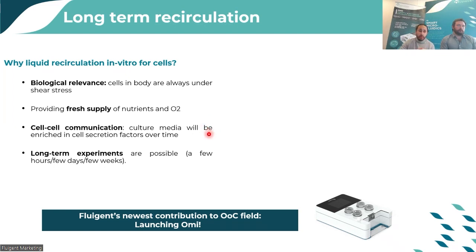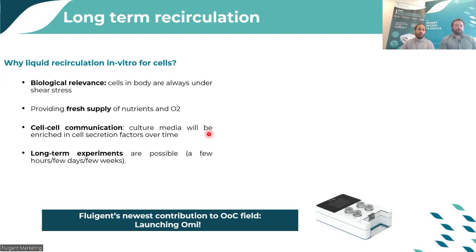Also, you know that when you are making a long-term culture experiment, the cells are secreting factors all the time. And these factors are part of the development of the cells. Testing a drug, for example, on cells in media that do not have any secretion will lead to different results.